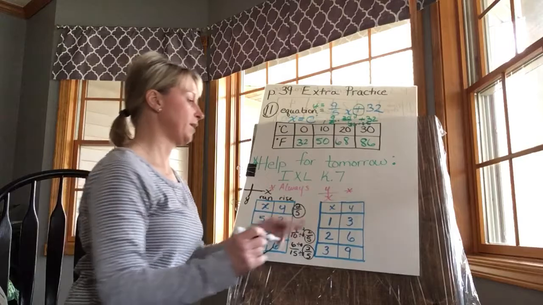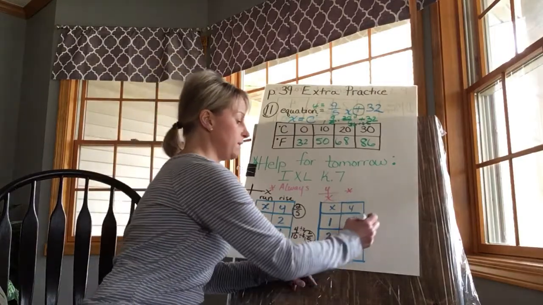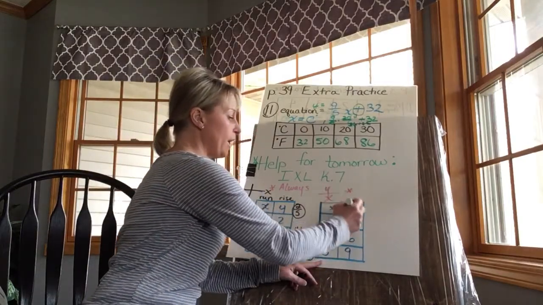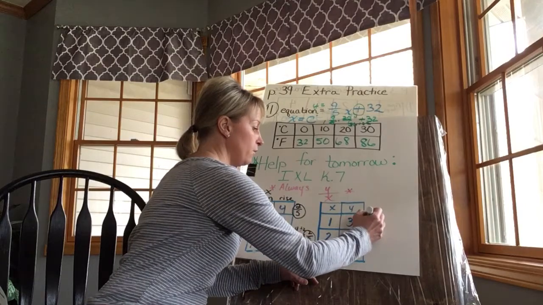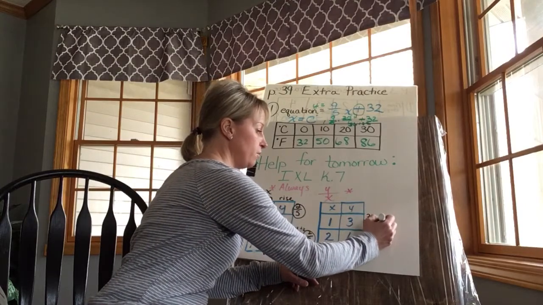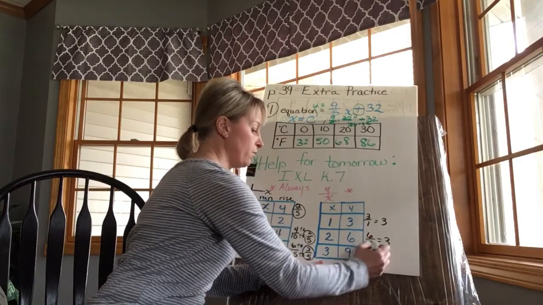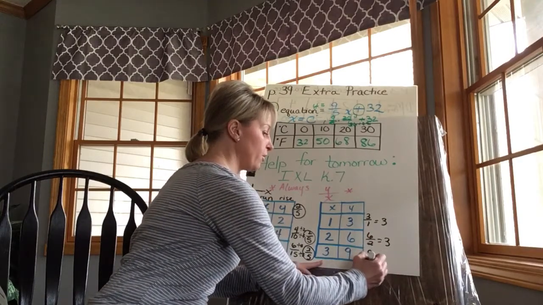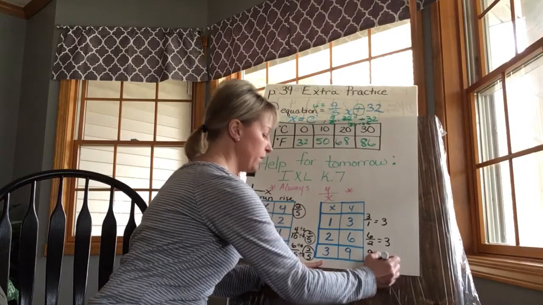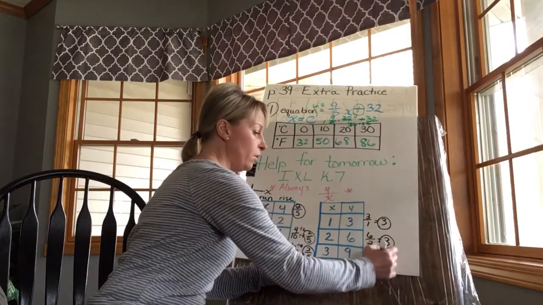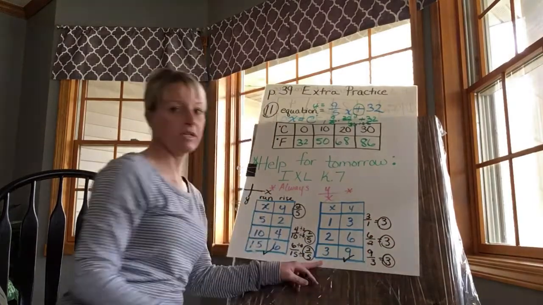Let's check the second chart, the second table. Y over X. So it's 3 over 1, which actually reduces to 3. 6 over 2 reduces to 3. 9 over 3 reduces to 3. They all equal 3. So that one is also proportional.